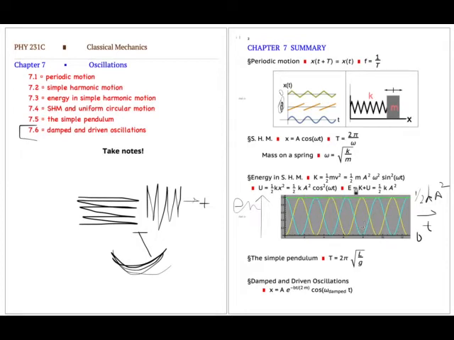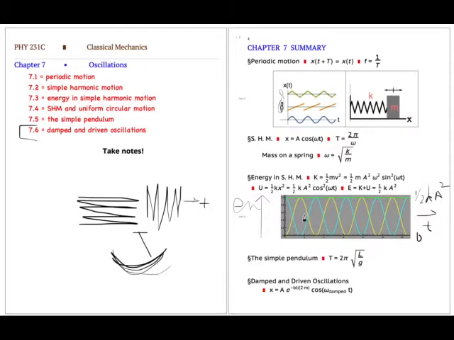The kinetic energy also oscillates back and forth between 0 and k A squared over 2. But they're out of phase. They're exactly 180 degrees out of phase. So where the kinetic energy, that's the yellow line, is a maximum, the potential energy, that's the blue curve, is a minimum, and vice versa.